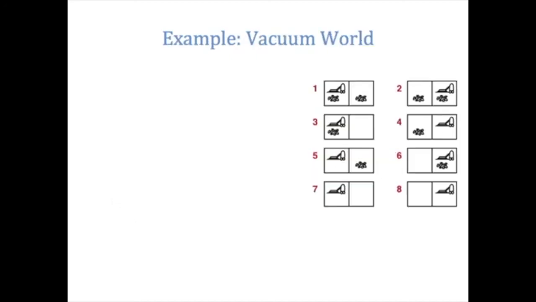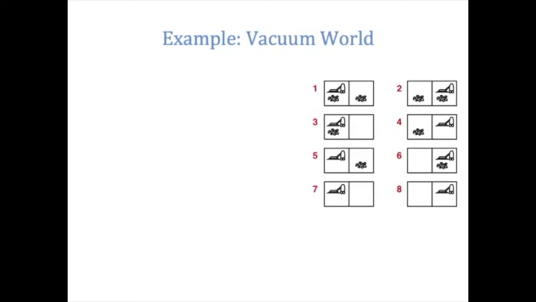Well, let's start with a fairly simple world, the vacuum world that we're already familiar with. At least in our first simple case, we know that there are only two locations, left and right, and the vacuum can be either in left or right, and the space can either be dirty or clean, which means there are a total of 8 possible states.